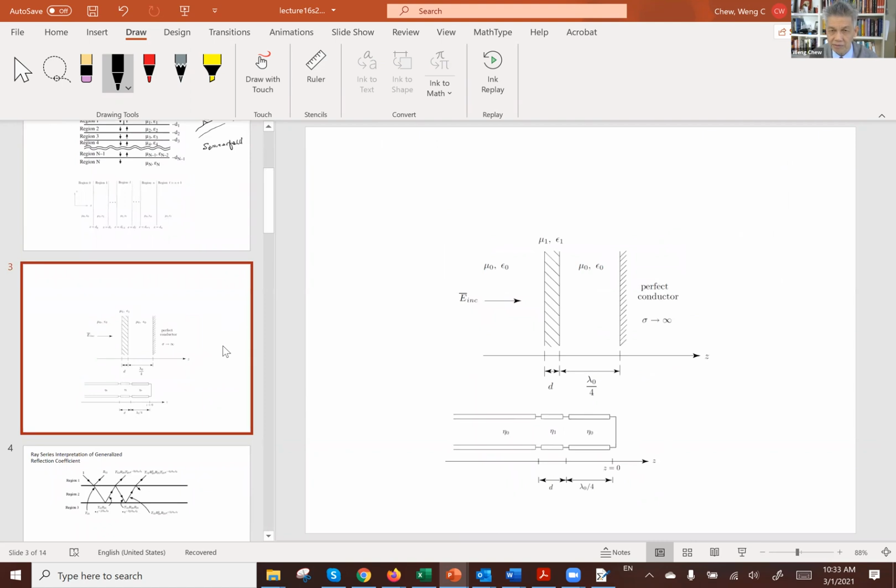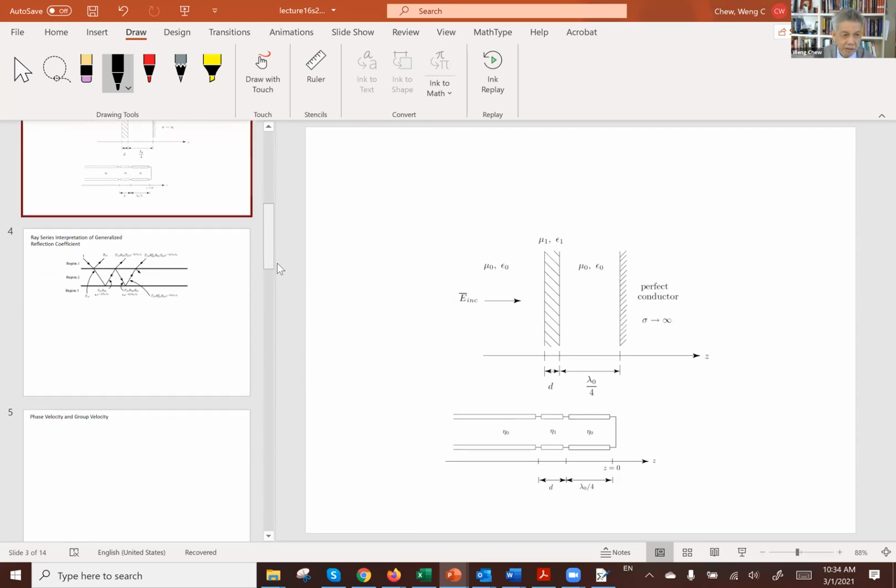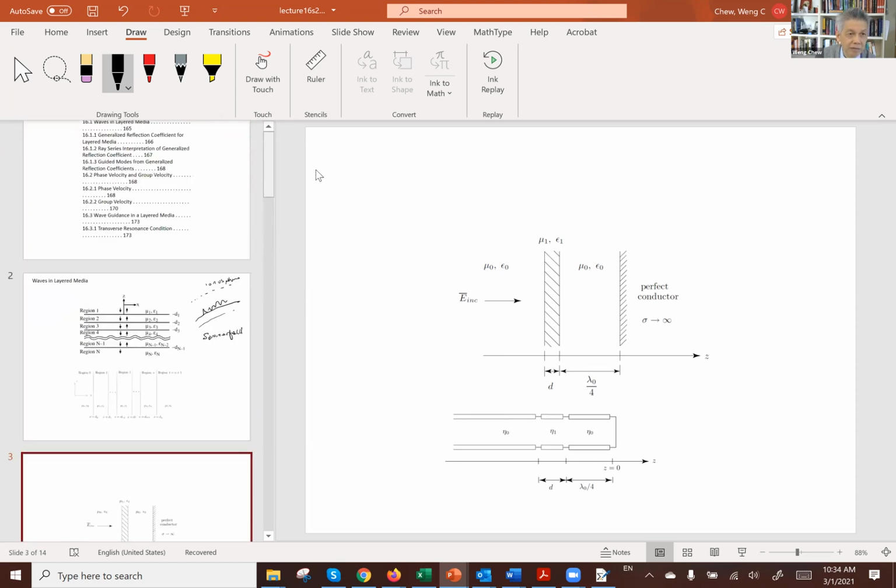This is another picture I took out of Kong's book, where he used a transmission line equivalence to show that the problem I have over here can be solved as a transmission line problem at the bottom. And I'd like to show you how.